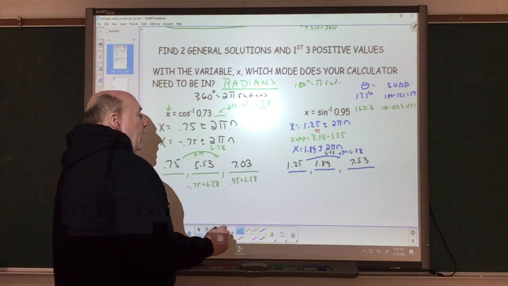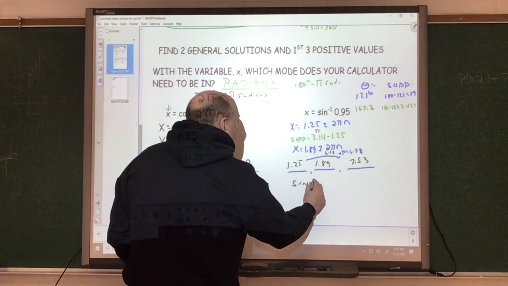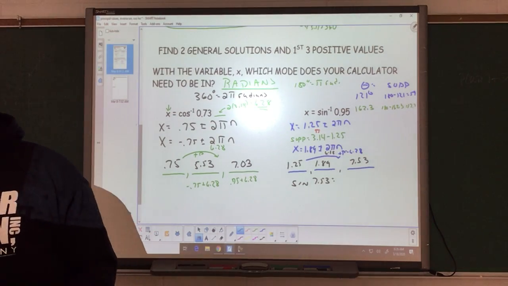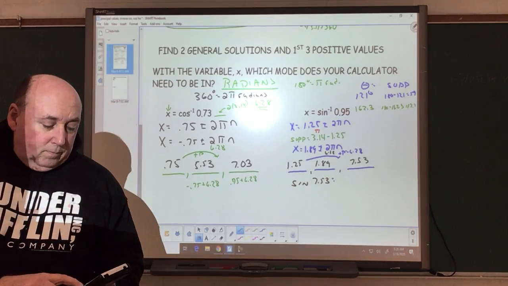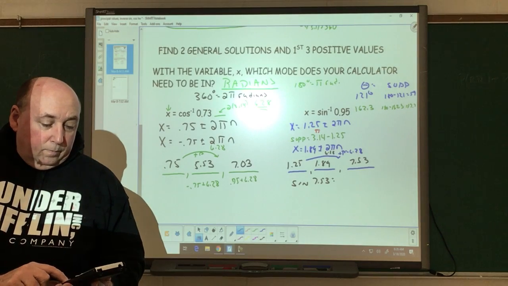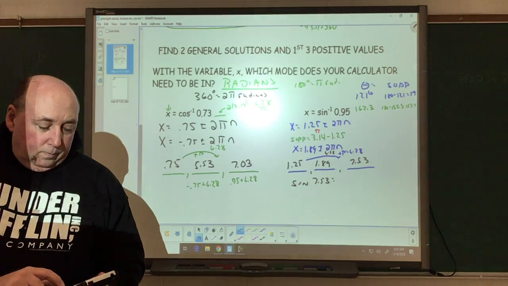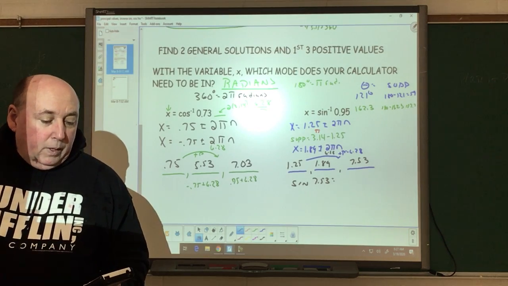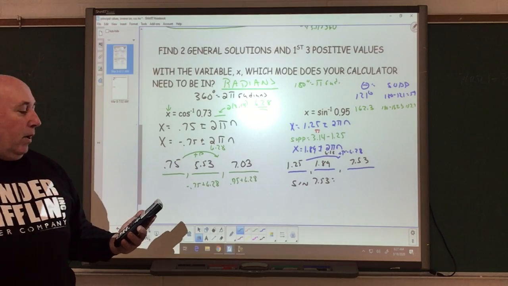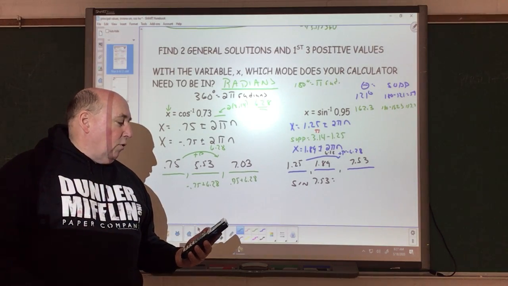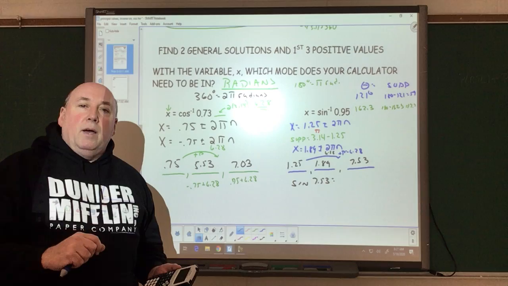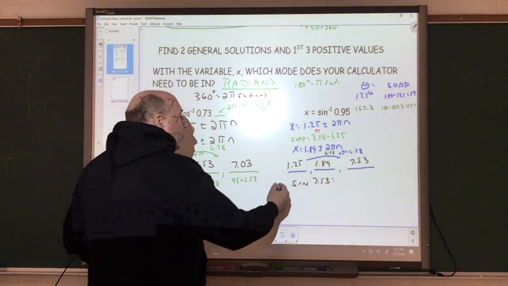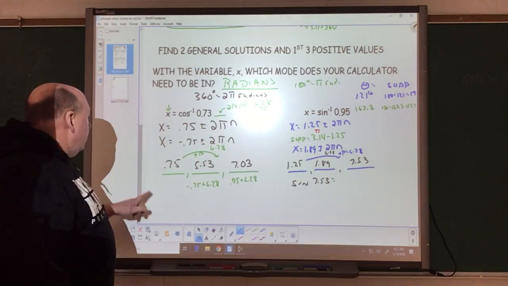Once again, let's take the sine of 7.53, in a radian mode. And we get 0.9479754082, close to 0.95. Close enough for government work. So these are our first three smallest positive values.